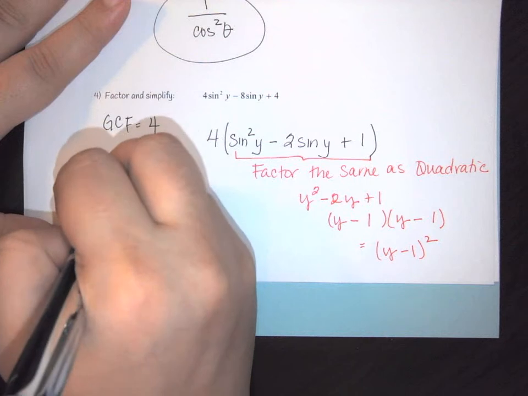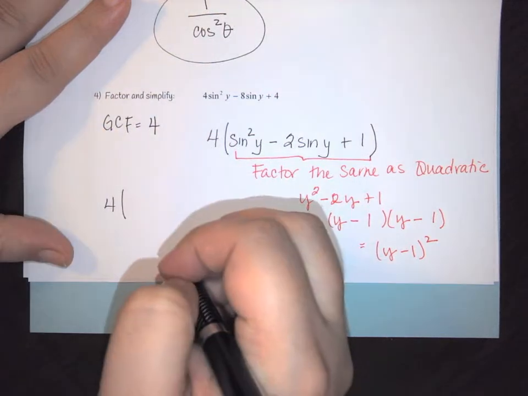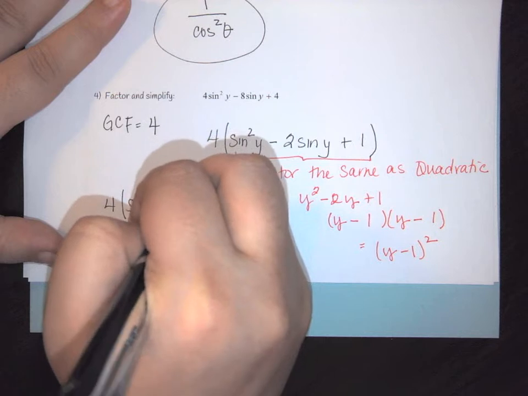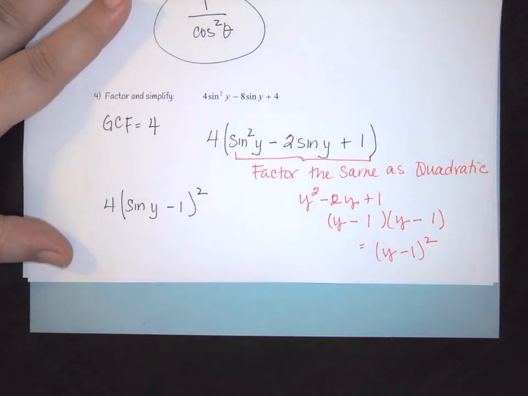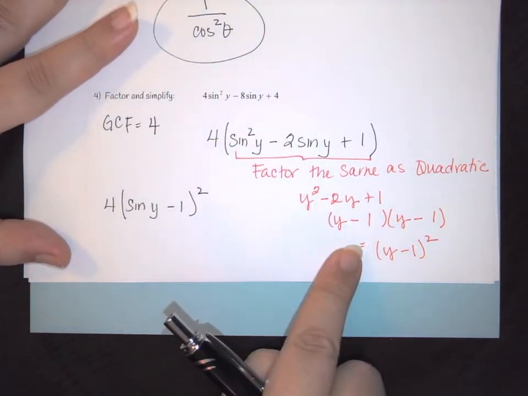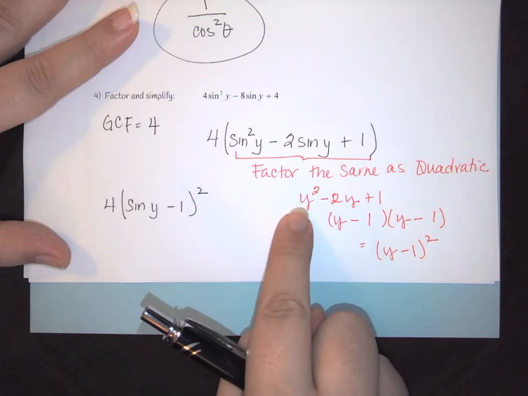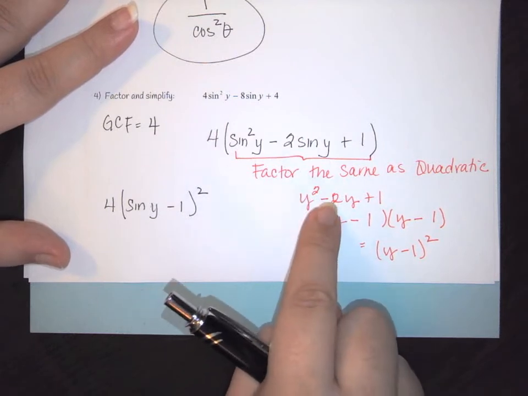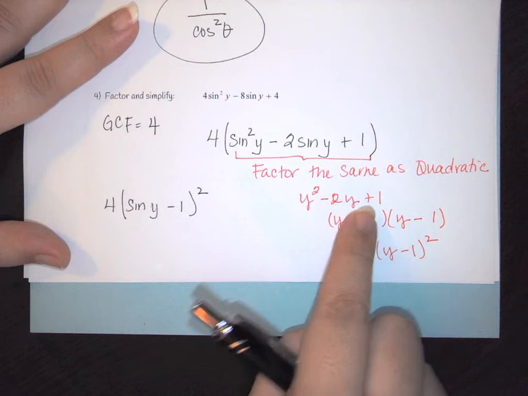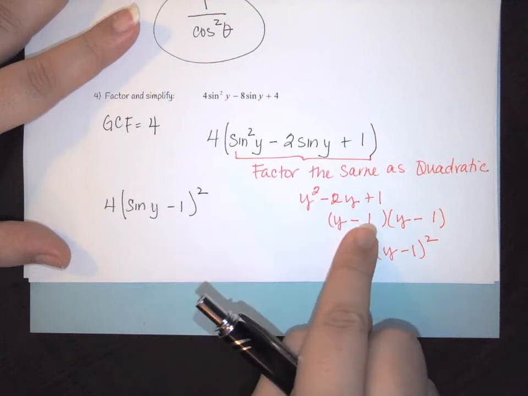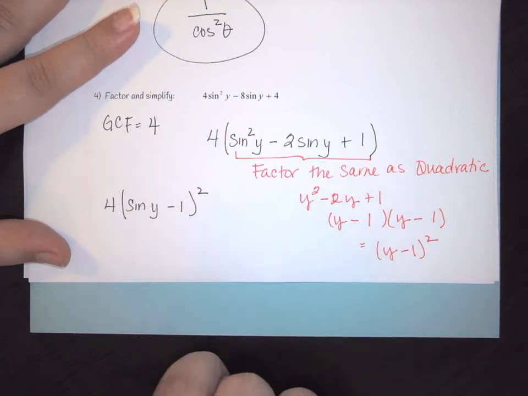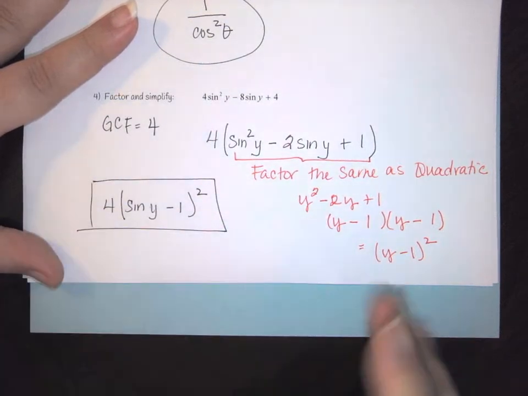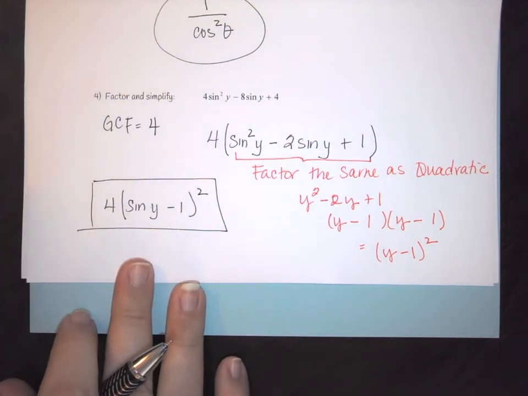So in other words, this is going to be 4 times the sine of y minus 1 squared. Okay, because the idea follows. So instead of this being y's, again, this would be sine. So you'd have sine squared minus 2 sine plus 1 would factor into sine minus 1 and sine minus 1. And so this would be your simplified factored form.